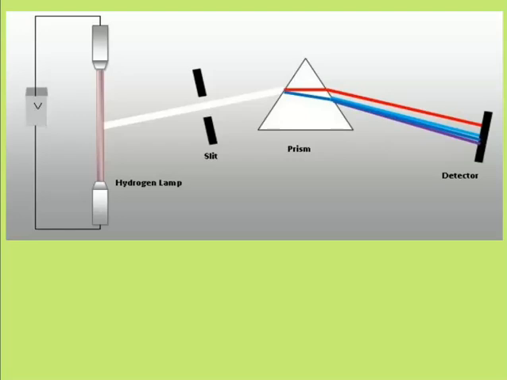Once they pass through the prism and the spectrum is observed on the photographic film, we will be able to detect 5 series of lines in the hydrogen spectrum. Those 5 series are the Lyman series, Balmer series, Paschen series, Brackett series and Pfund series.